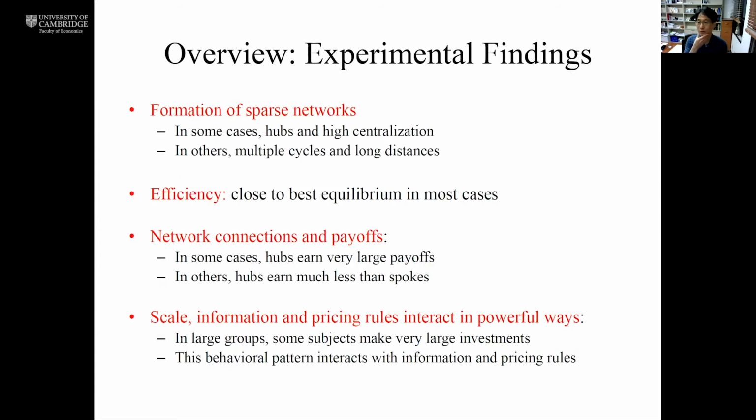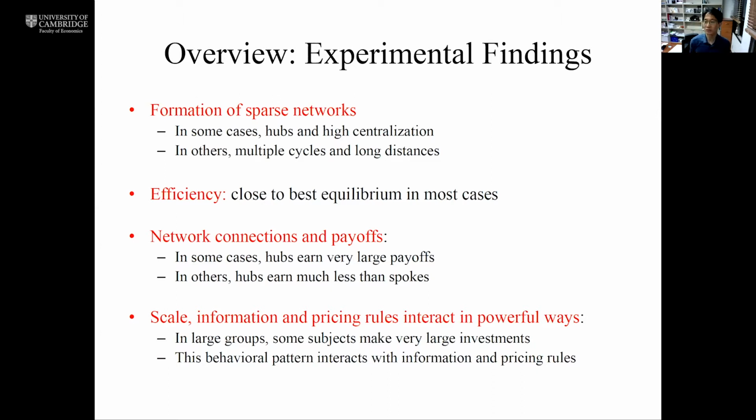So before I give you some details of the experimental platform and introduce each of these three experiments, let me summarize the main experimental findings across these three projects. The first one is that in all the experiments, we observed that subjects create very sparse networks, suggesting that people are economizing on the cost of linking.